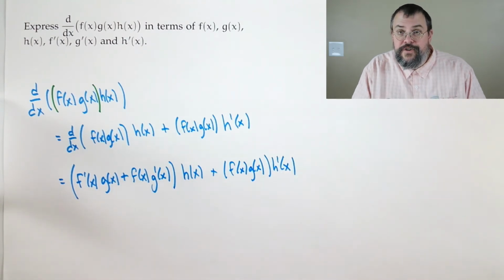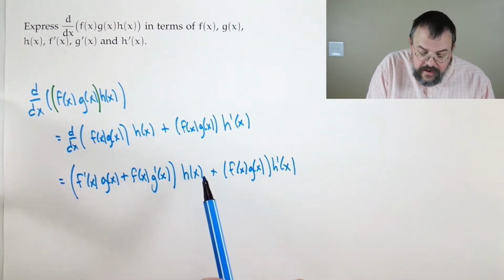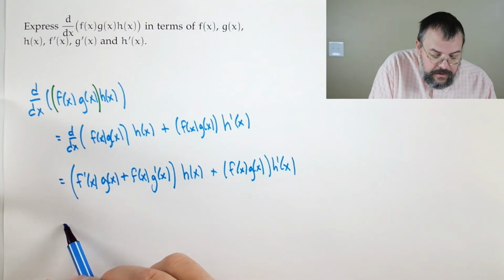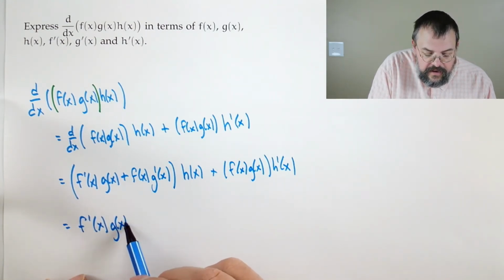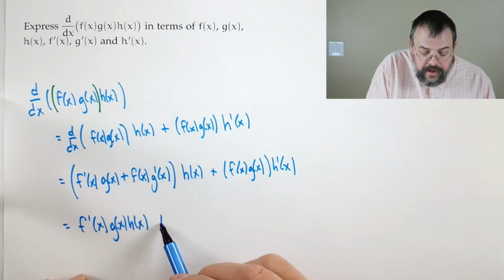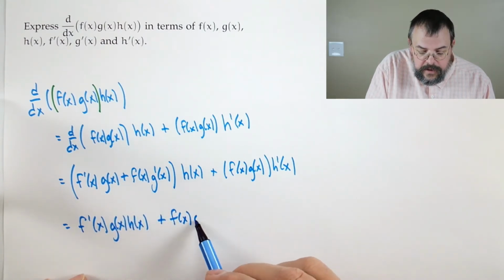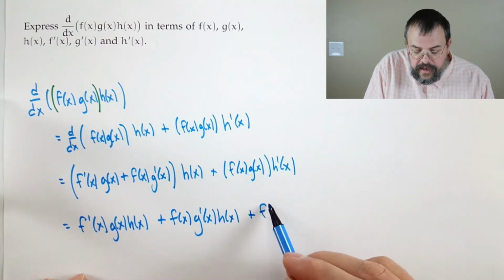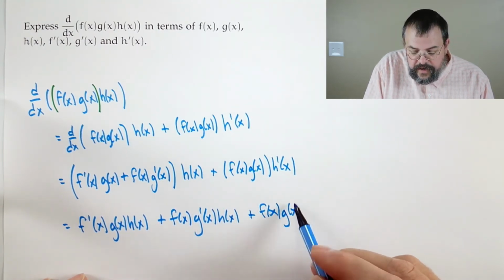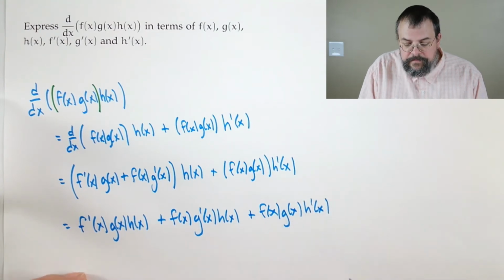Now we'll distribute through. So in other words, the h of x comes through. So we get f prime of x, g of x, h of x, plus f of x, g prime of x, h of x, plus f of x, g of x, h prime of x.